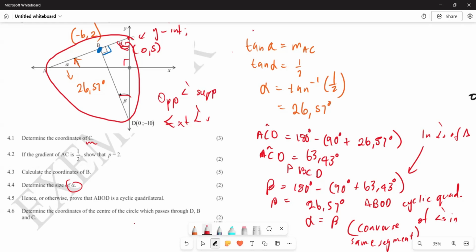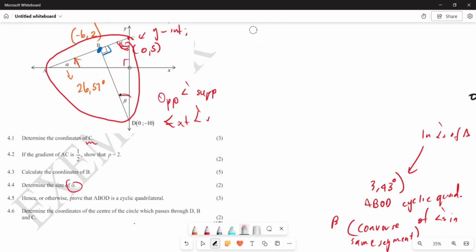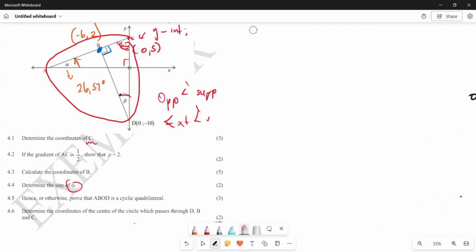Let's look at the last question, 4.6. We are looking at the last question, 4.6, and from there we are going to see what else we can do. In 4.6, what is it that they want us to do?